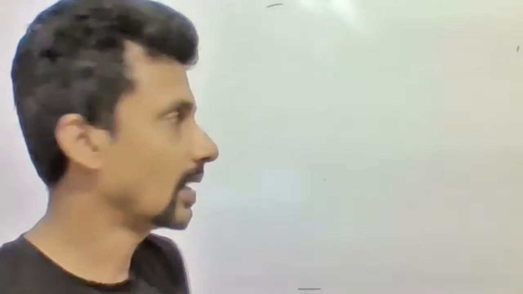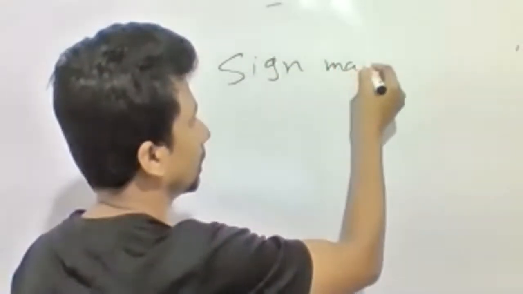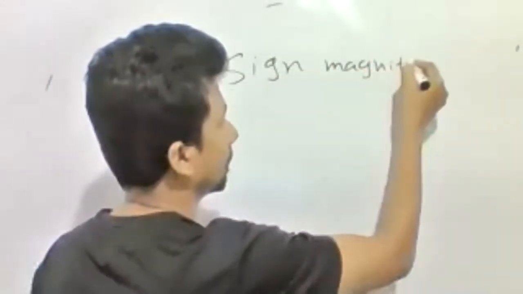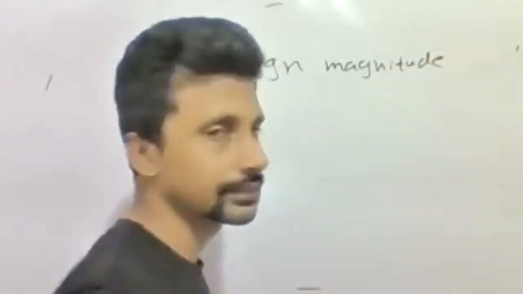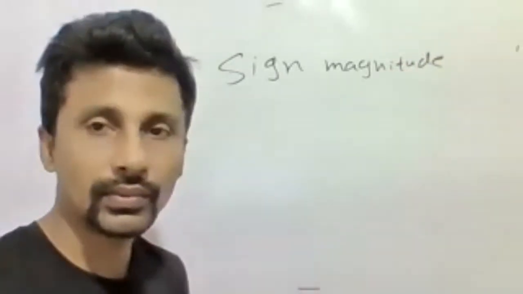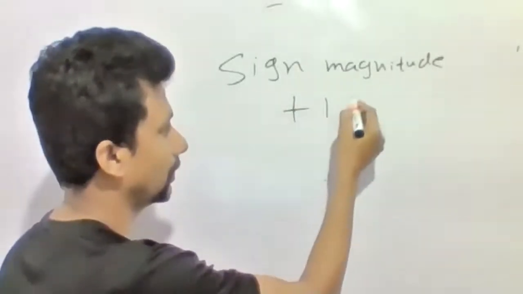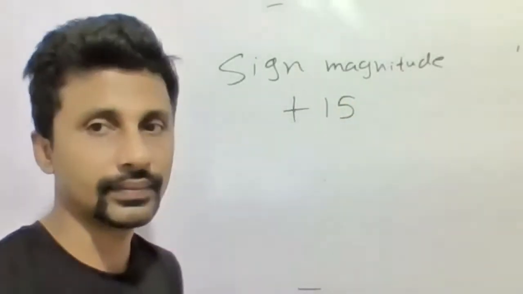Okay. Now look at here. Now in this sign magnitude, when you are representing the data, suppose I want to display positive 15, right?